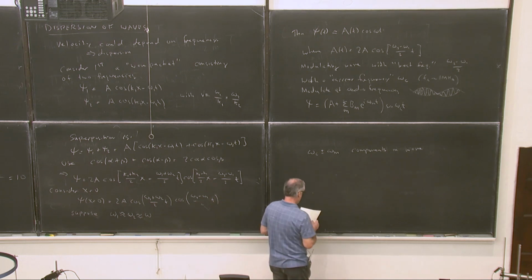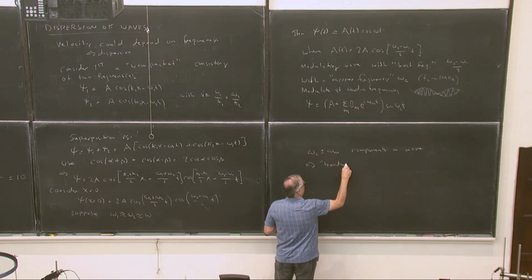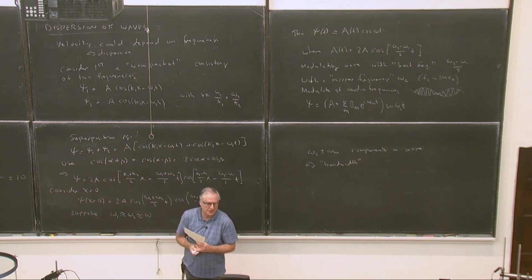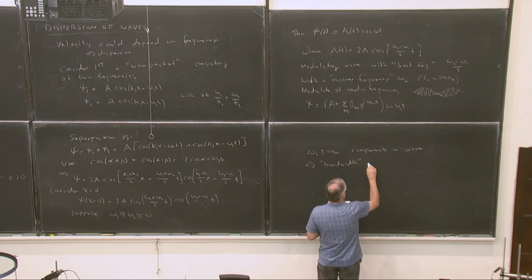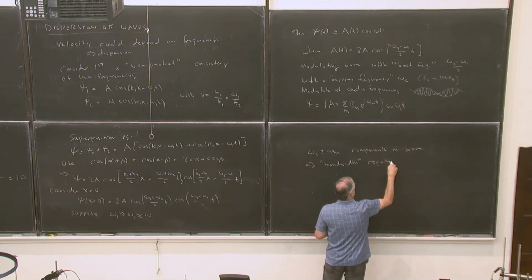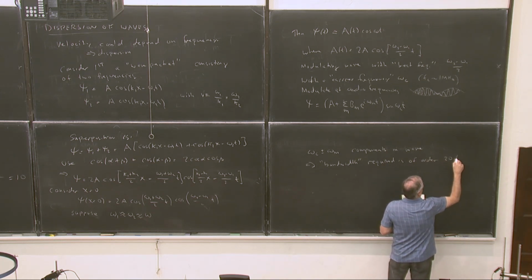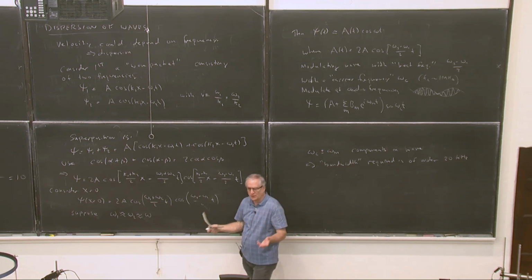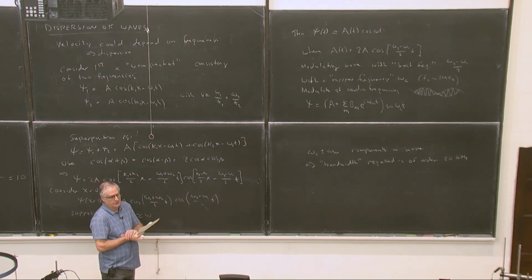And so the bandwidth, or the range of frequencies that you need in AM radio, is of order 20 kilohertz. So if your normal audio range is 10 kilohertz, say, you need that on either side of the carrier frequency, so you need a bandwidth of order 20 kilohertz.